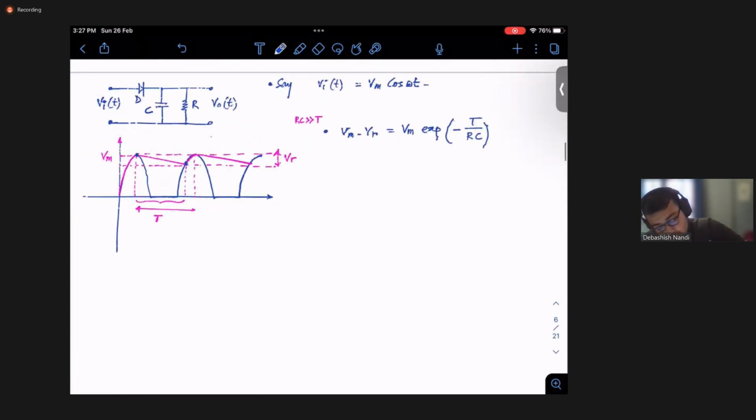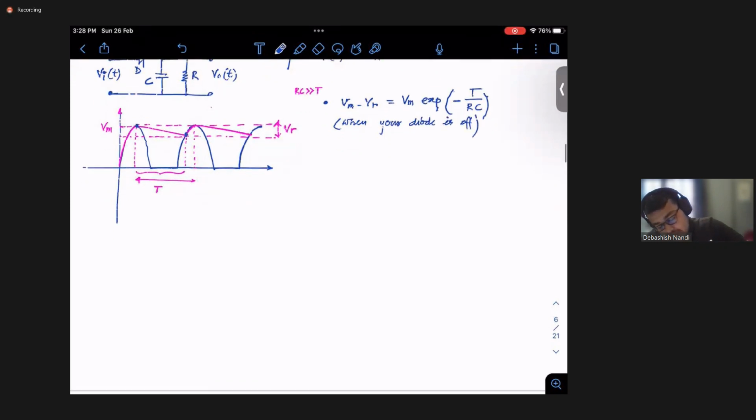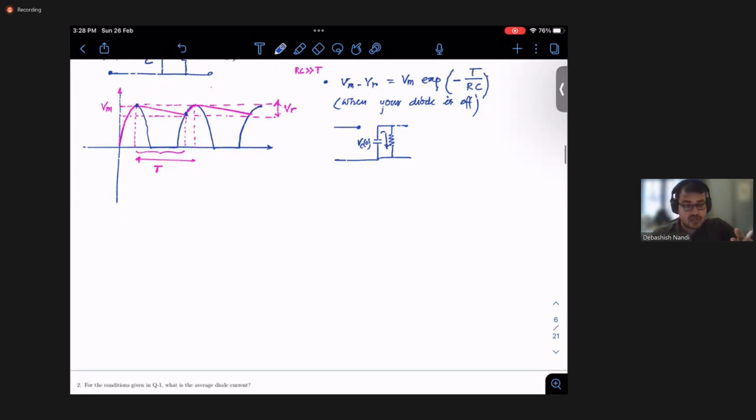When your diode is off, your circuit will become nothing but this. Some initial stored voltage will get discharged across this. It will be nothing but the natural response of an RC circuit, right? And your initial voltage stored at the capacitance is the maximum voltage, that is your Vp, that is your Vm here, that is the peak voltage.